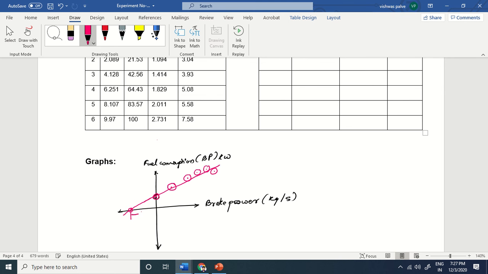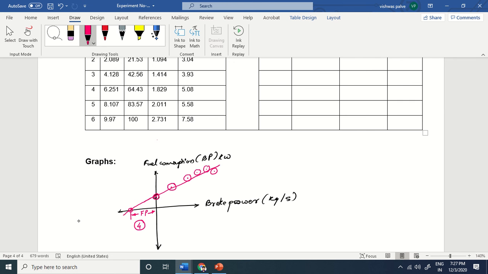That reading will give you the frictional power, whatever that reading is, so you have to record that. For the above calculation it has a value of 4. So in this case our frictional power is 4. Is that clear? You select a suitable scale for drawing the graph and check where the line intersects.